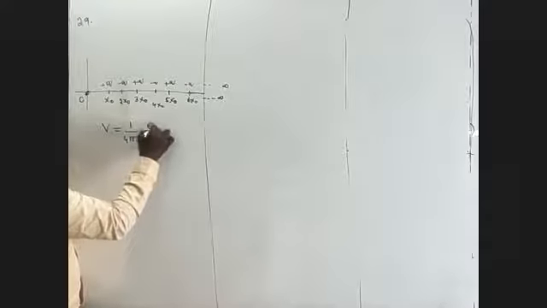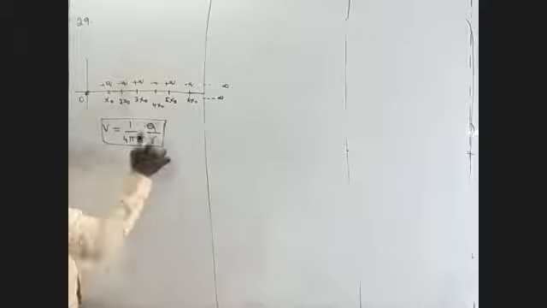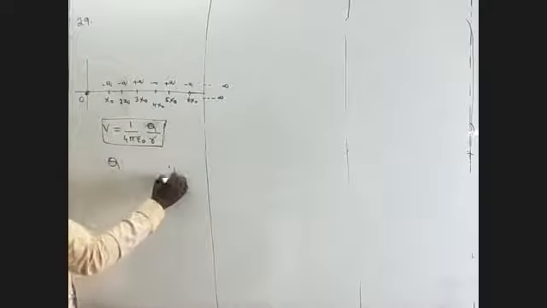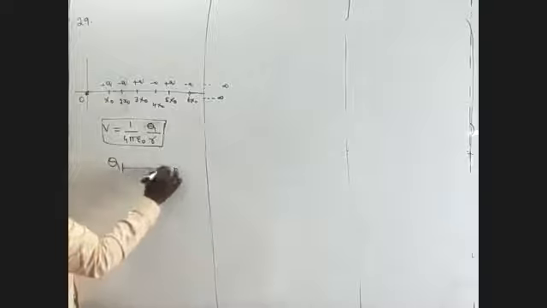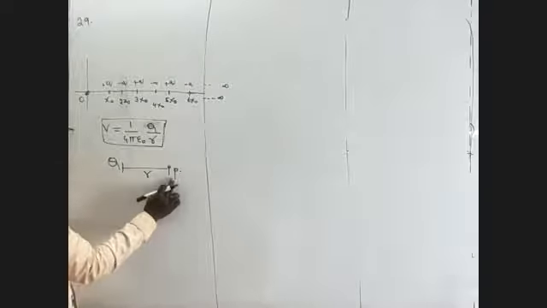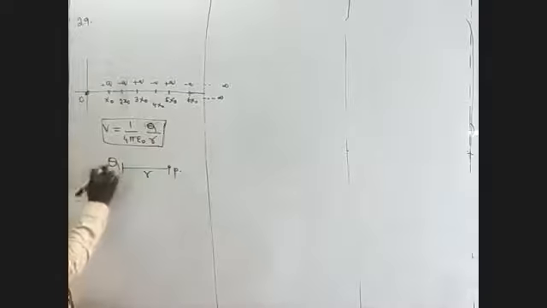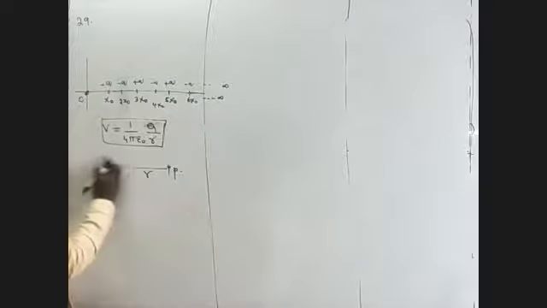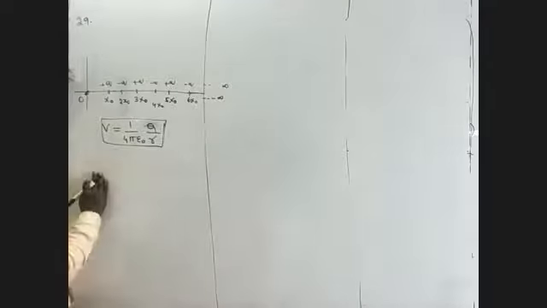Here Q is the charge, P is the point, and the distance from the charge to the point is r. Keep this general formula in mind. Similarly, at the origin point, we find the electric potential due to each charge.